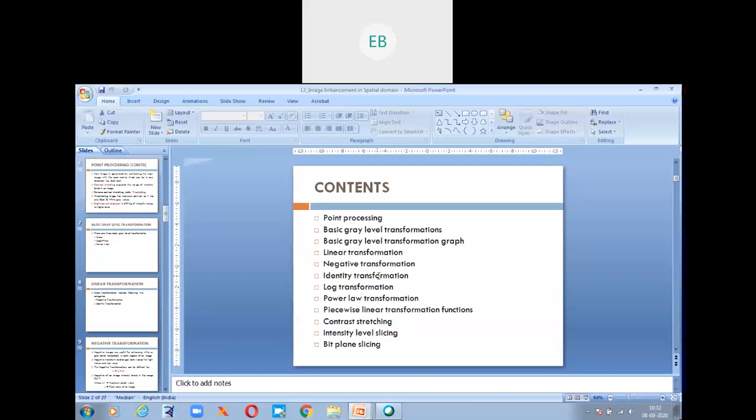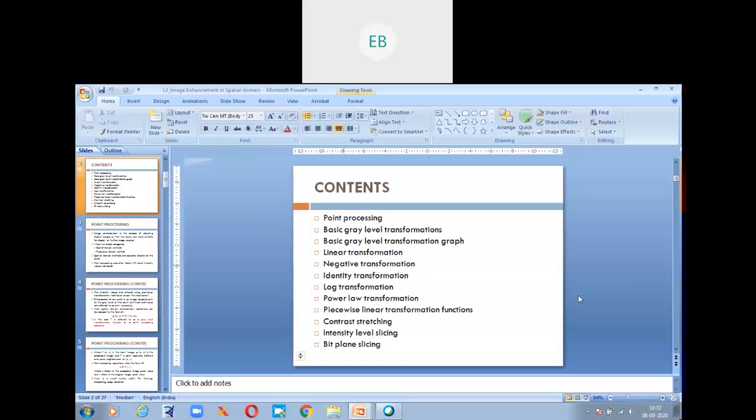Under linear transformation we have negative and identity transformation, then log transformation, and under power law transformation we have these types, that is piecewise, contrast, intensity and bit plane. Okay, so do you remember what is negative transformation?